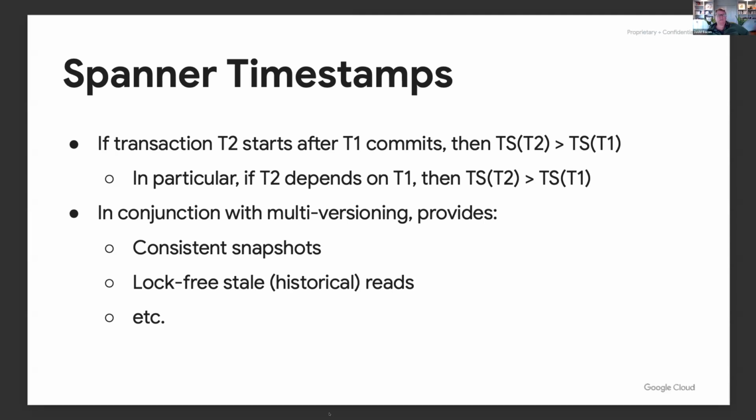Yeah, you can read at a specific stale timestamp. You can ask it to pick a stale timestamp for you. And then we also have something which I don't think is in the paper, called snapshot epochs, where you can do a stale read and tell Spanner to freeze that data, right?